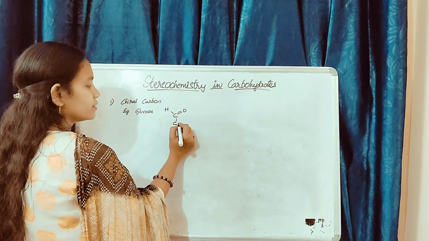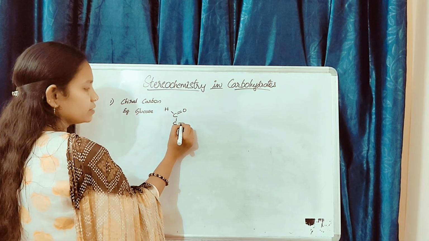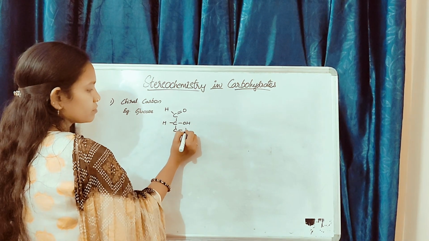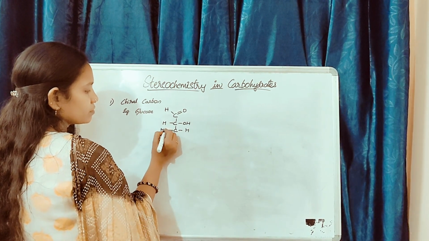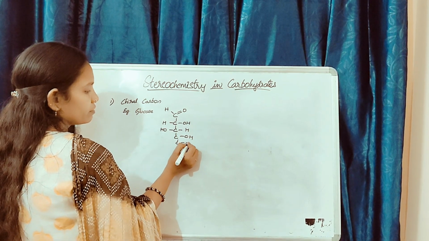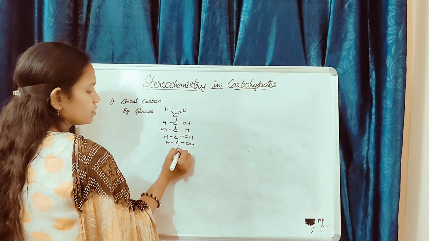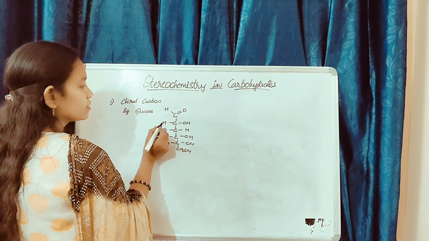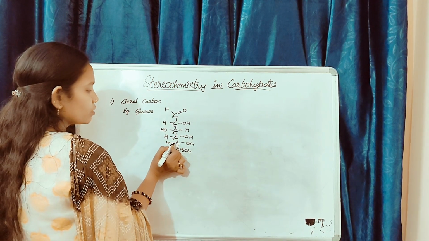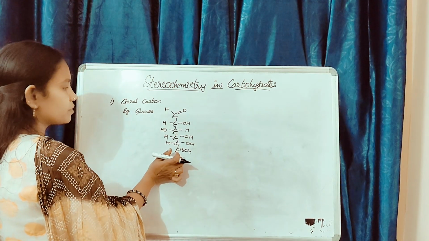Glucose is a 6 carbon compound, means it contains 6 carbons, right? So if you see the structure, start numbering: carbon 1, 2, 3, 4, 5, 6. So it is 6 carbon compound, right?